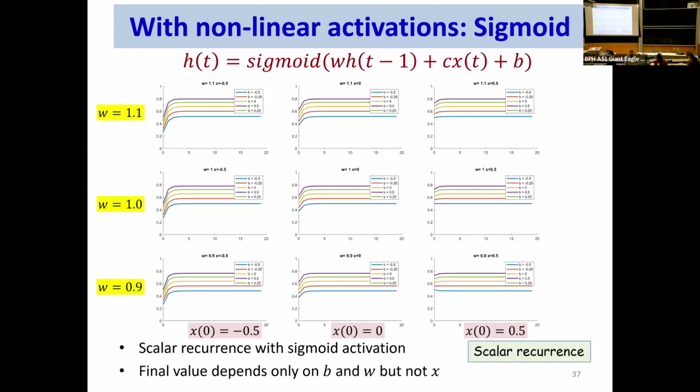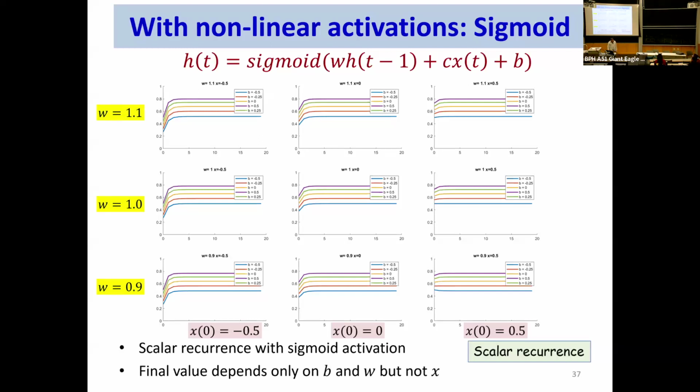Regardless of the value of x, it ended up in the same place, right? And where it ended up depends on? Just the bias. Nothing changed, right? So if I have sigmoid activations, in pretty short order, everything is forgotten. All that's remembered is a network parameter itself, the bias, right?